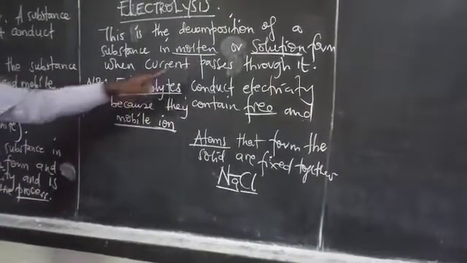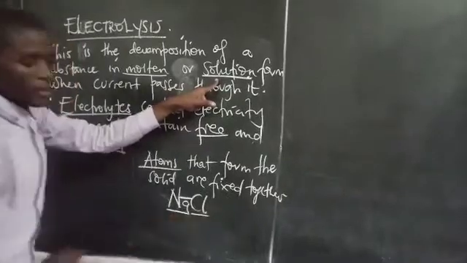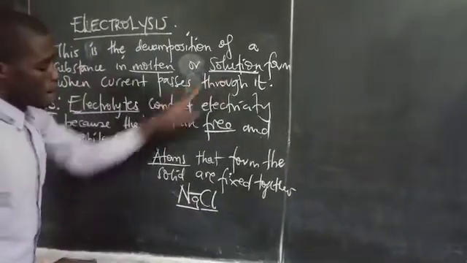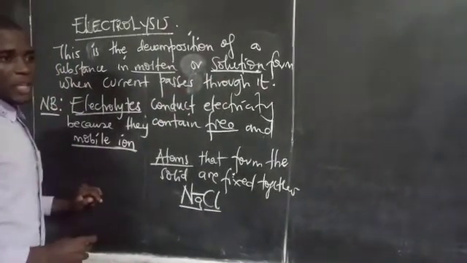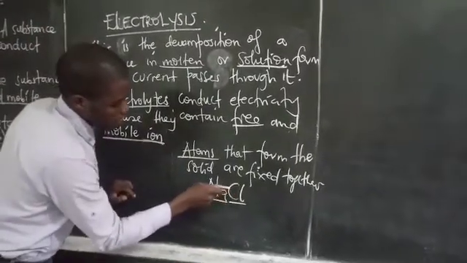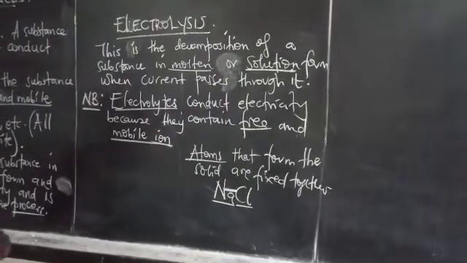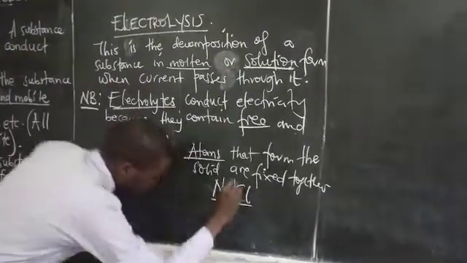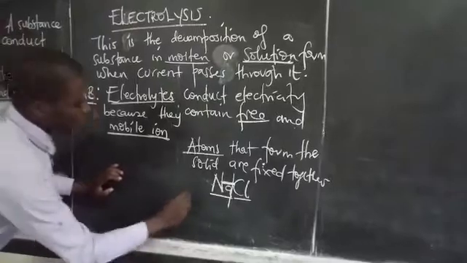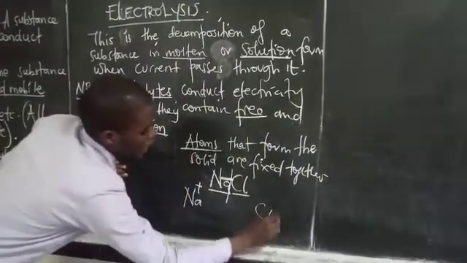But dissolving this sodium chloride in water or melting it is one of the ways of weakening this inter-ionic interaction, to an extent that it reaches a point and it breaks. So you have sodium ion and chloride ion.